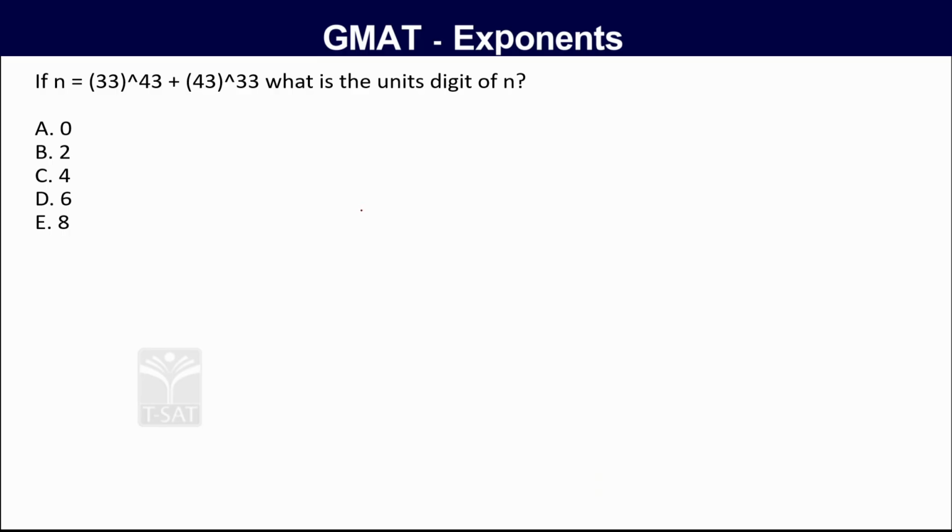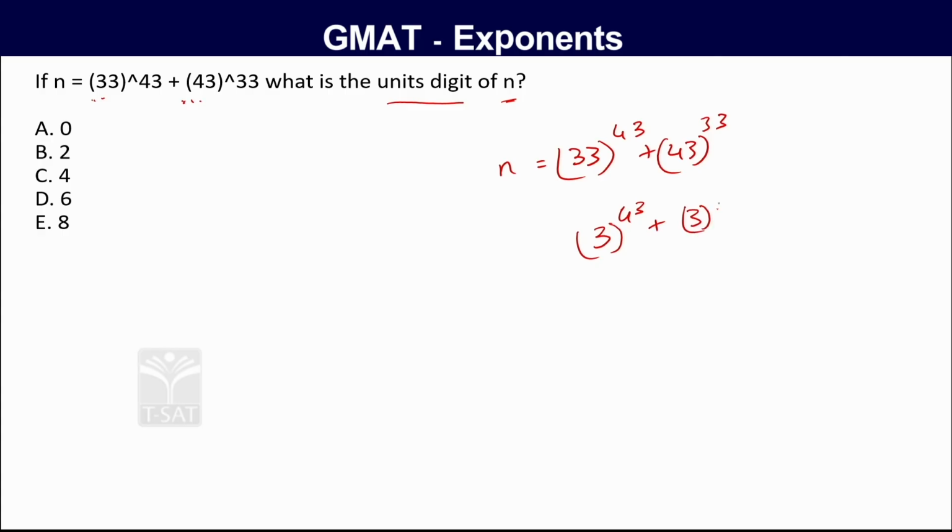If n is equal to 33 raised to 43 plus 43 raised to 33, what is the units digit of n? When you're calculating the units digit, you can forget whatever comes before the units digit. You're only concerned about the units digit. So this will have the same units digit as 3 raised to 43 plus 3 raised to 33.